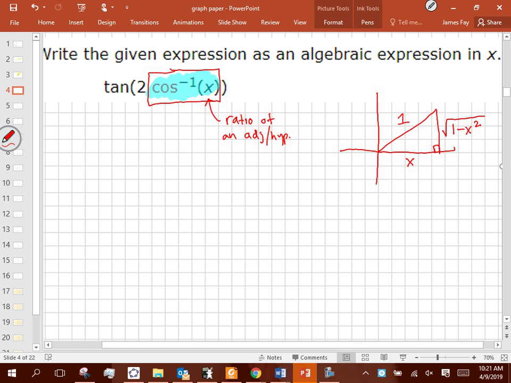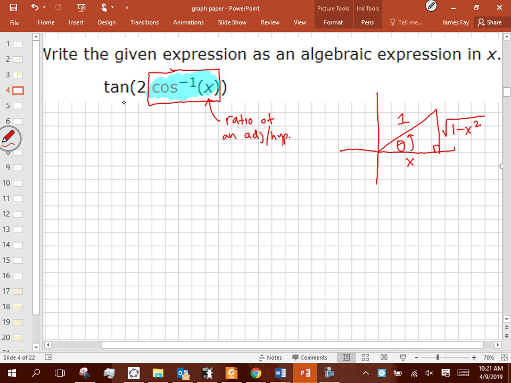But the output is that angle right there. That's the theta, whatever variable you want to use. That is what this thing is spitting out to us, attached to this triangle with the information that is inside that triangle.